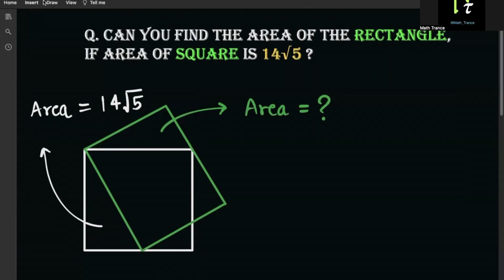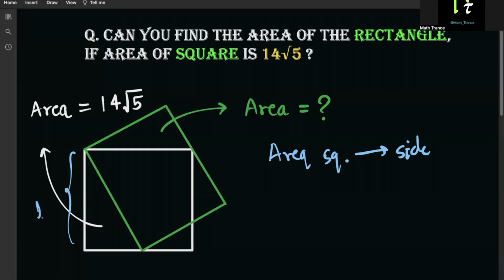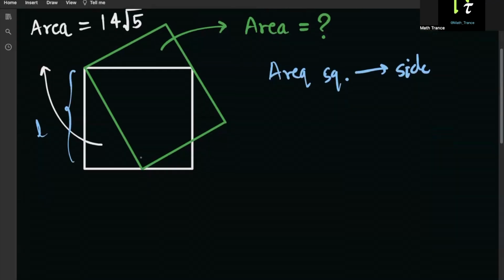Some of you may start that the area of the square is given, so we can find the side from there. You can get the length of the side, so we know L. Then we use variables. Let this be x, so this becomes L minus x.